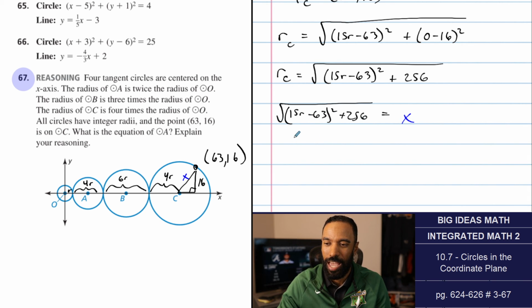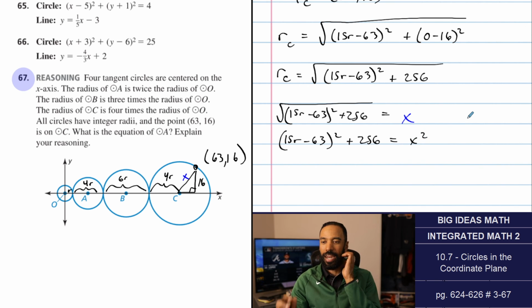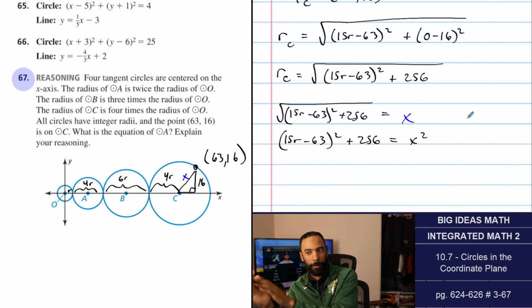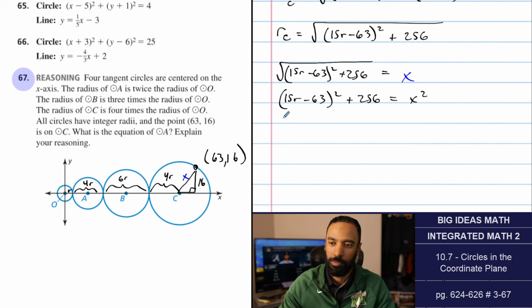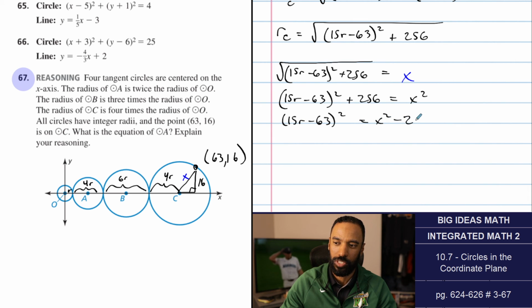This would say 15R minus 63 quantity squared. I still haven't done anything with that. Plus 256 has to equal x squared. And I need to make sure that that x squared is going to be something nice. Let's see. Let's subtract the 256 over. 15r minus 63 quantity squared equals x squared minus 256. Okay, I think the bottom line here is this.